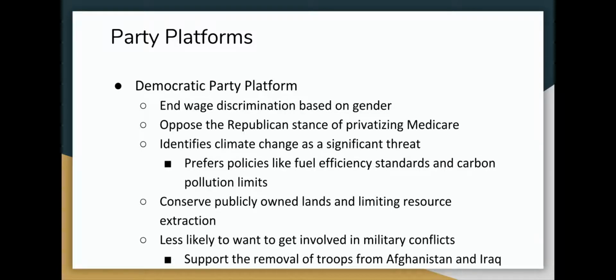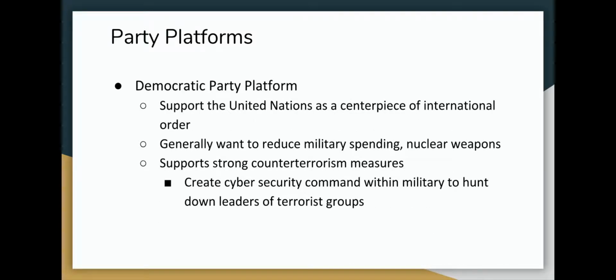They want to be less involved in military conflicts, so they supported the removal of troops from Afghanistan and Iraq. They also look to the UN as a centerpiece for international order, and the UN is the United Nations. They want strong counterterrorism measures, including a cybersecurity command within the military. They want reduced military spending.